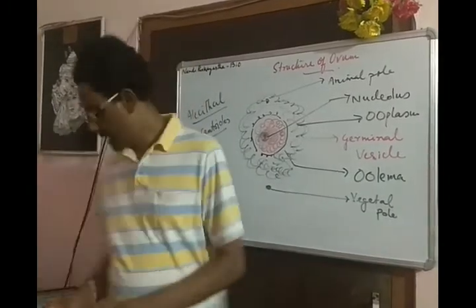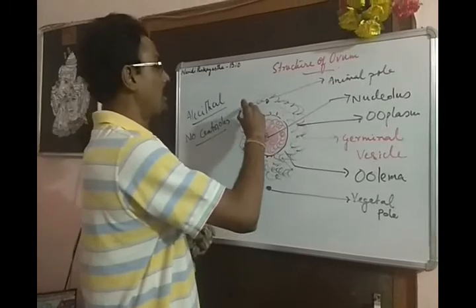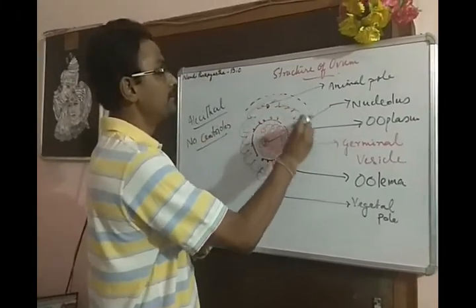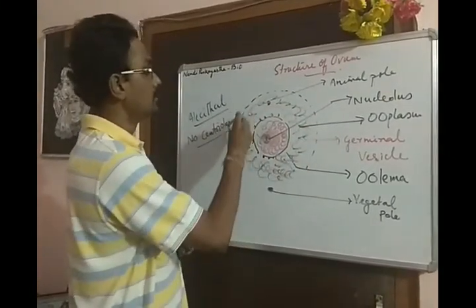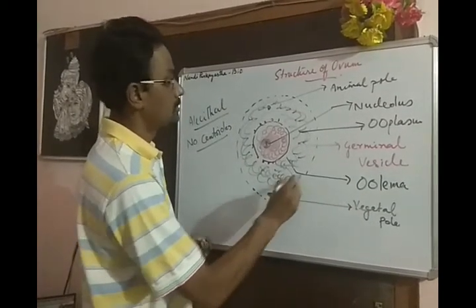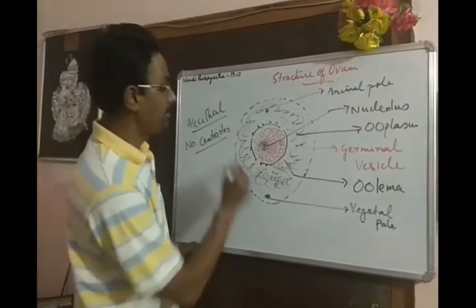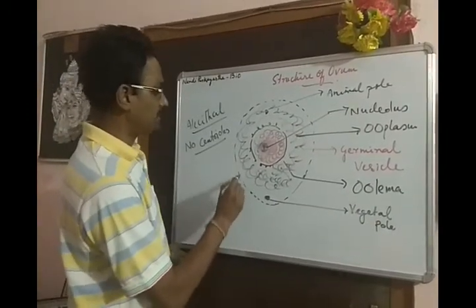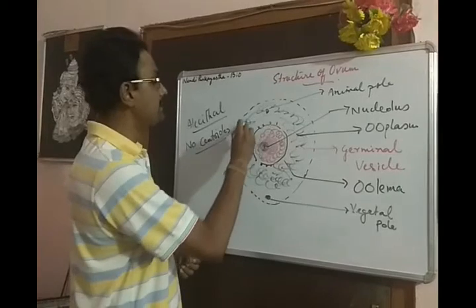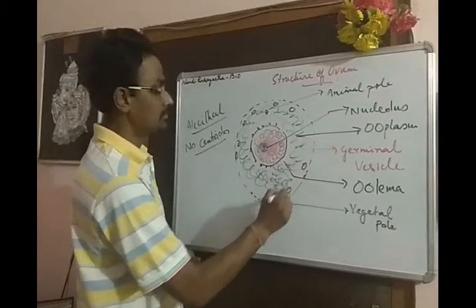Now, I will be putting now green here. These are the plasma membrane. It surrounds. Okay? This is a plasma membrane which surrounds. Just below the plasma membrane, there is the occurrence of what? Cortical granules.